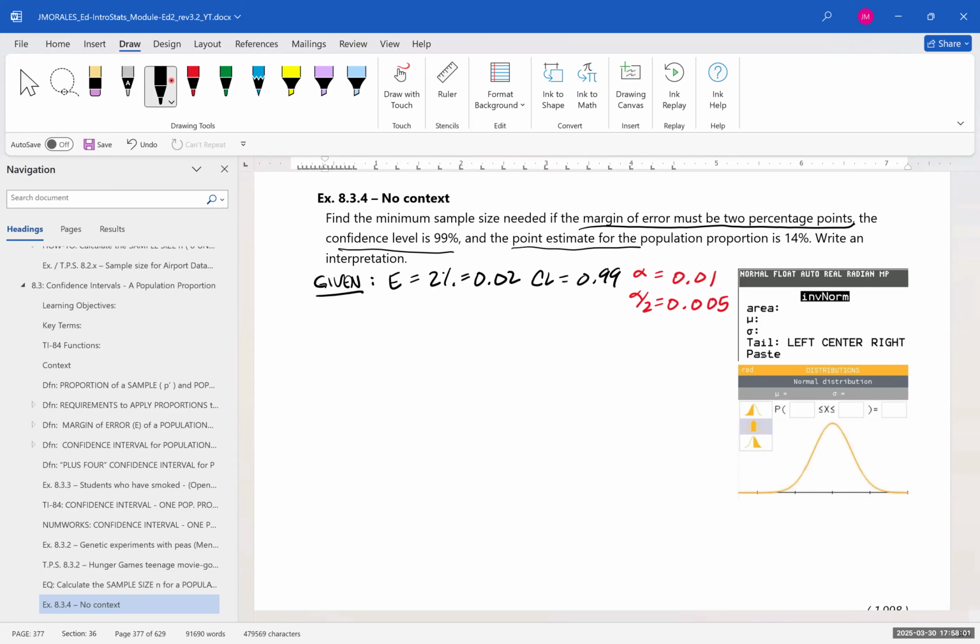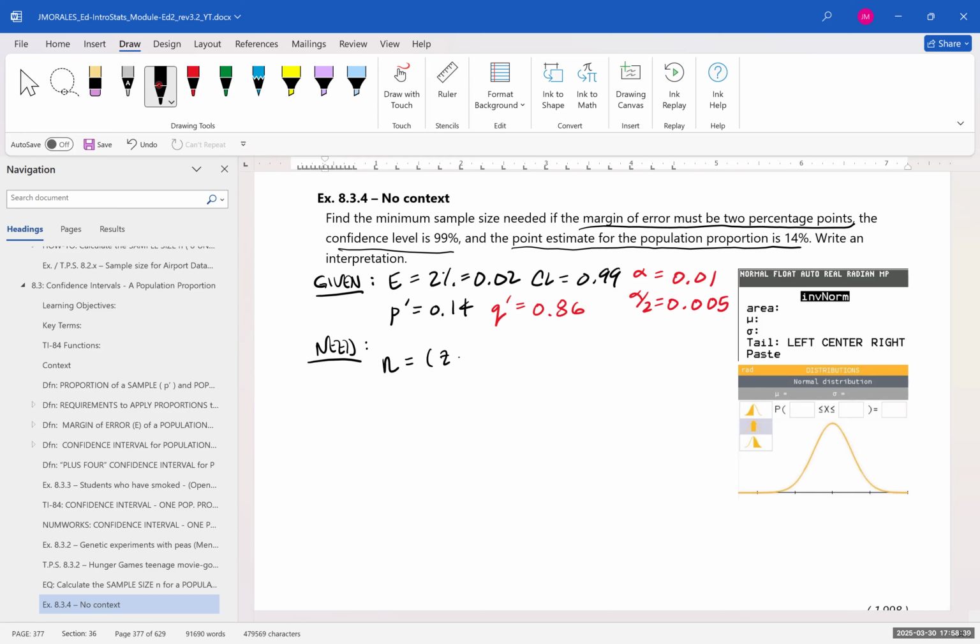The point estimate for the population proportion is 14%. So we're told that P prime or P hat is 0.14. And from this, we can say that Q prime is going to be 0.86, the proportion of failure. So what do we need? We need to calculate sample size.